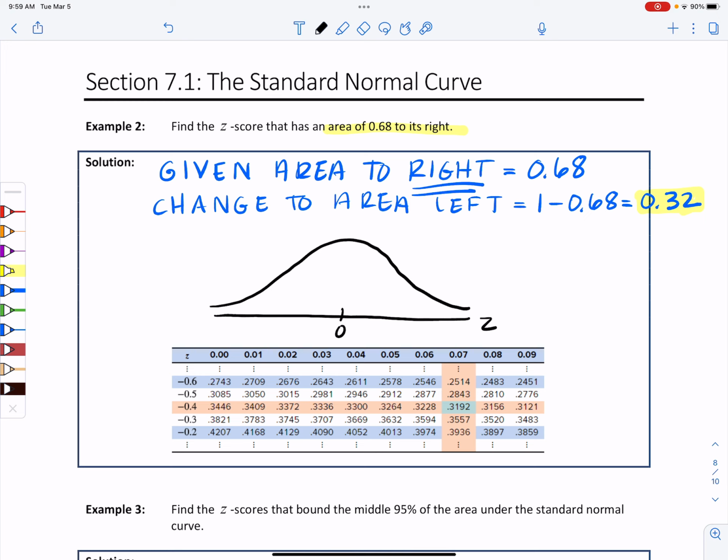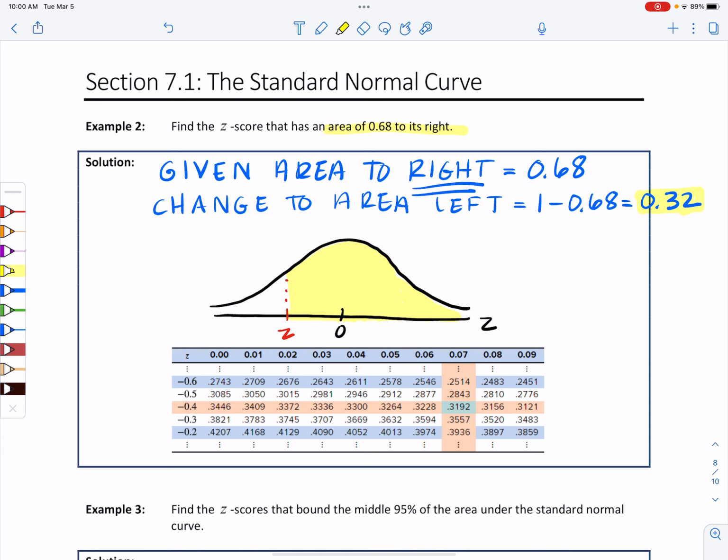In terms of my sketch, the area to its left is less than half, so it's going to be somewhere down here. It's going to be a negative z. And the area that was given, I'm mainly showing you this in case you're given the sketch instead of being given the information in words.